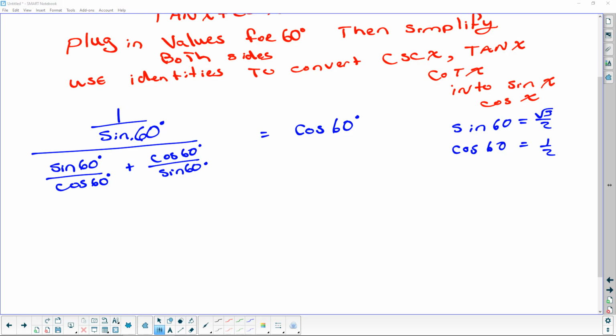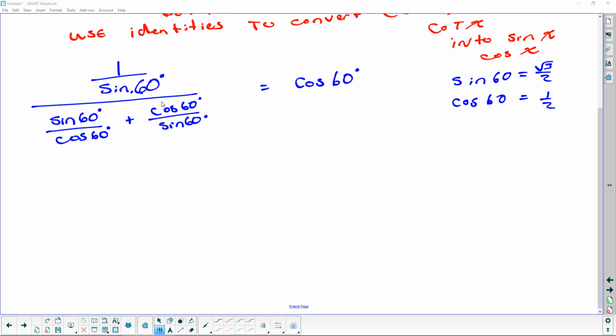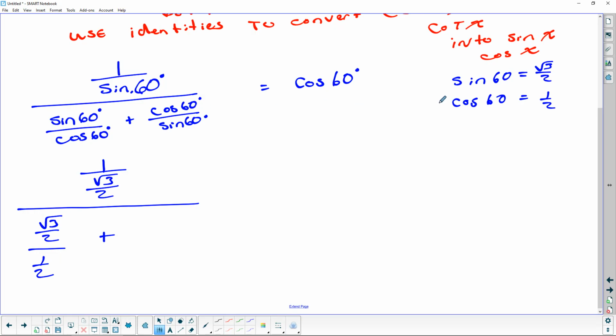Let's go back here. 1 over sine 60 is 1 over root 3 over 2, divided by, sine 60 is root 3 over 2, divided by cosine 1/2, plus cosine is 1/2 over root 3 over 2.